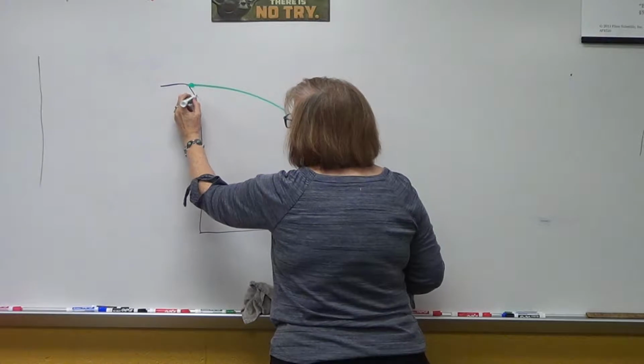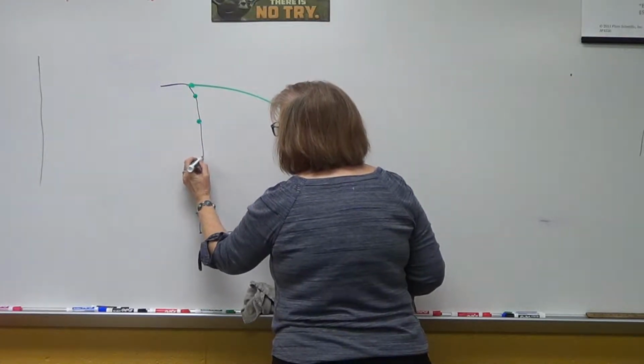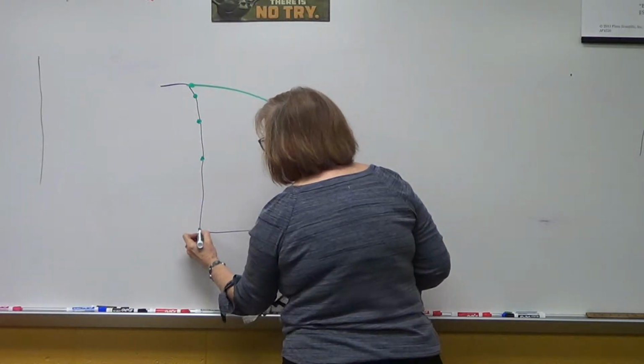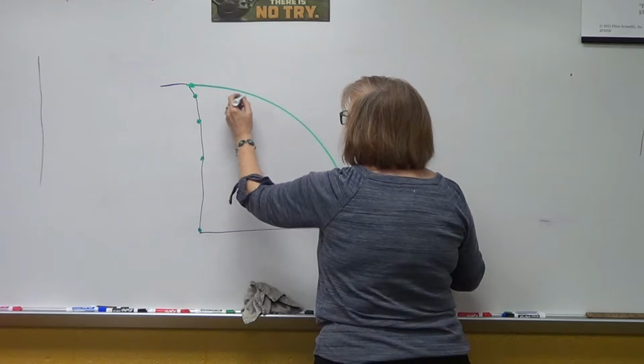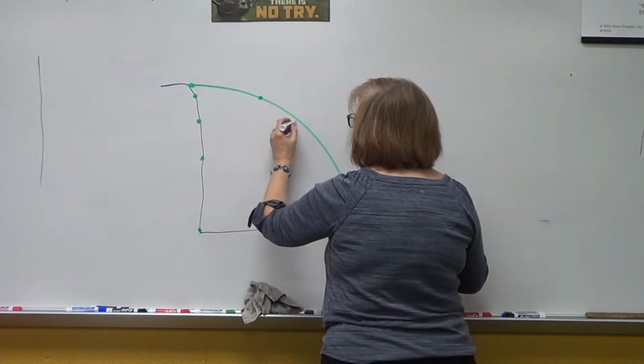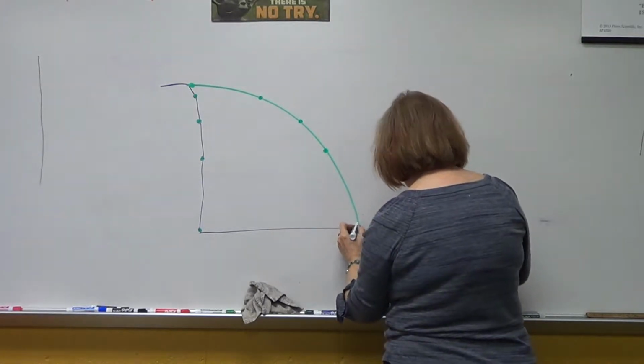I'm going to try my best to draw a picture in a way that will represent it fairly close to the distances. So this is dropped, this is going to be launched, and then here.